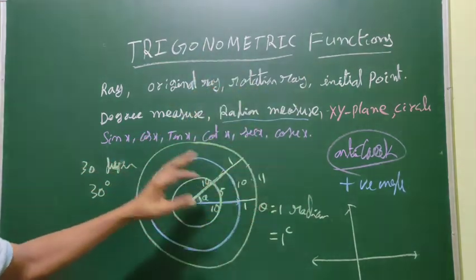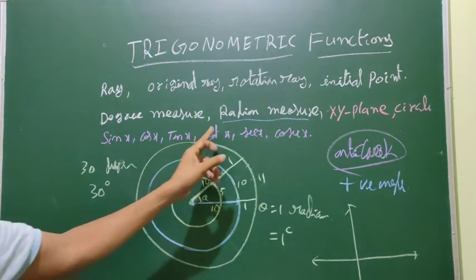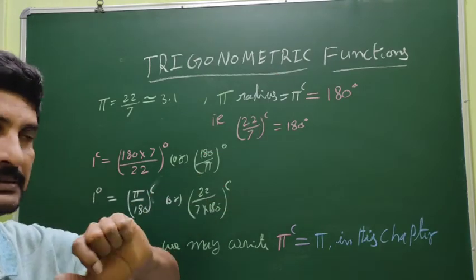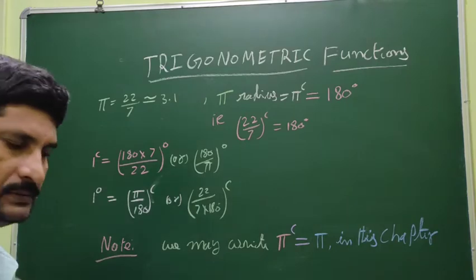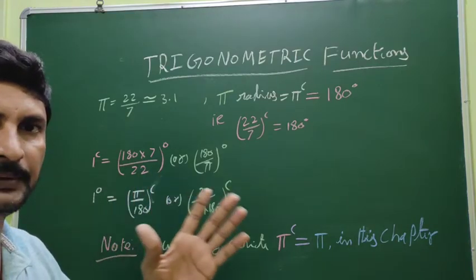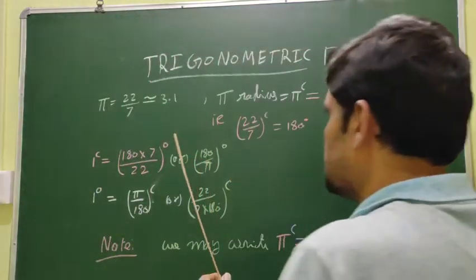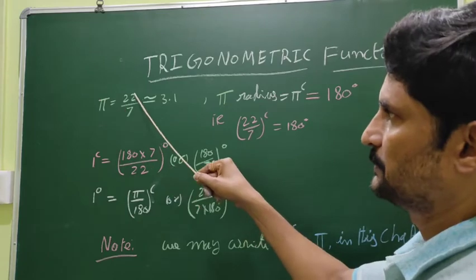Next, further, we may discuss the remaining trigonometric functions: sin x, cos x, tan x, cot x, sec x, cosecant x. But what is the relation between radian measure and degree measure? See here, actually pi is a number, 22/7.